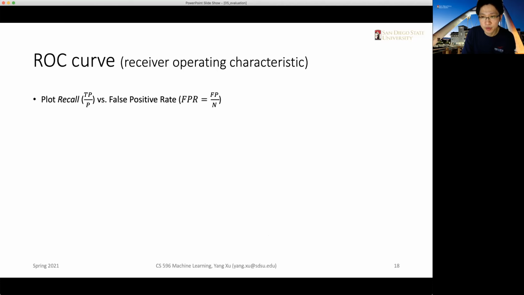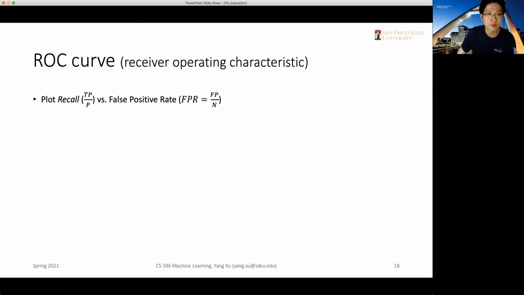So other than the numbers, we will also use some curves to describe the behavior of models. Okay, so this ROC curve is something that we can obtain from the plots of recall versus the false positive rates.